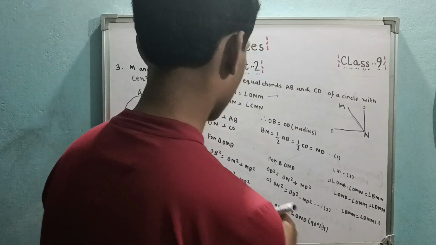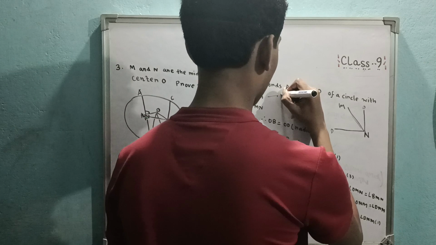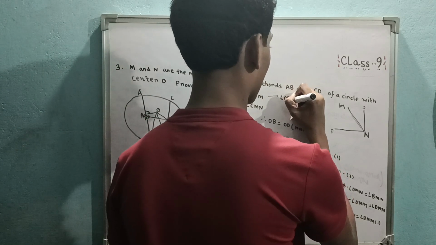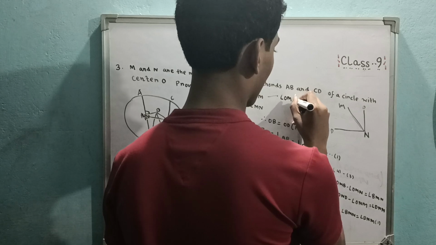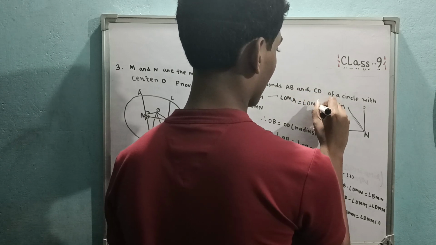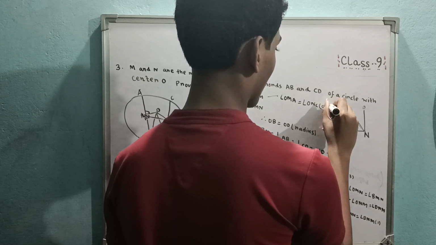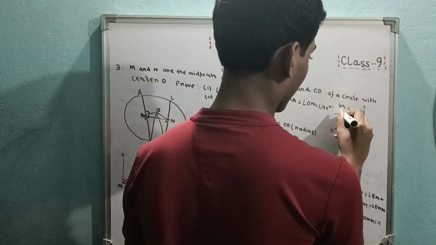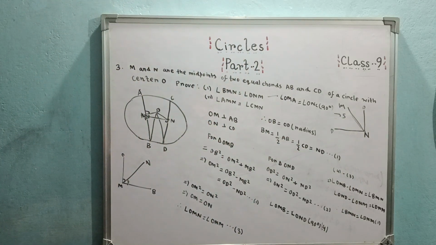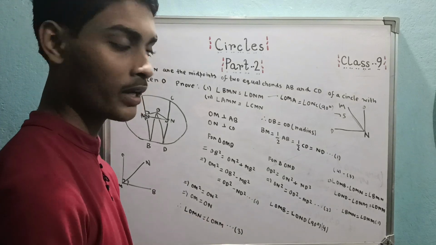So I can write angle OMA equal to angle ONC, 90 degrees. Let this be equation 5. Then I had a relation that angle OMN equal to angle ONM.